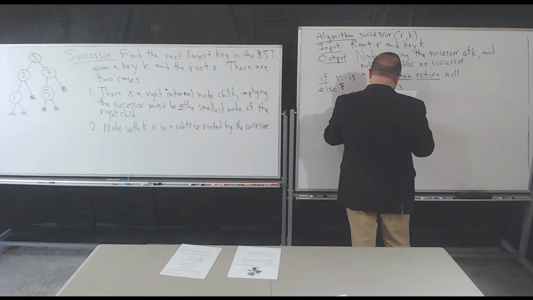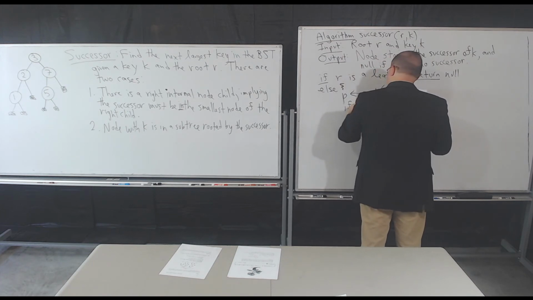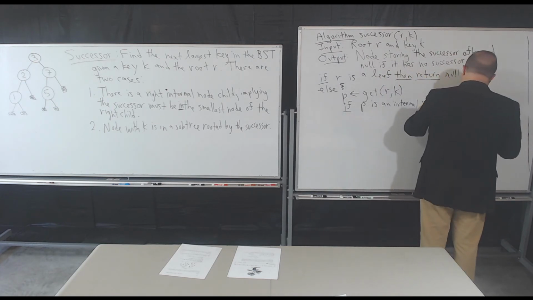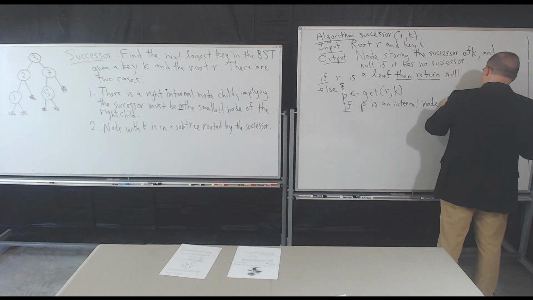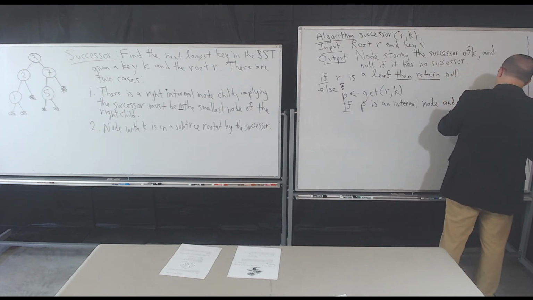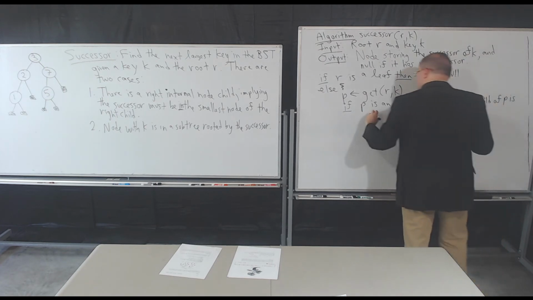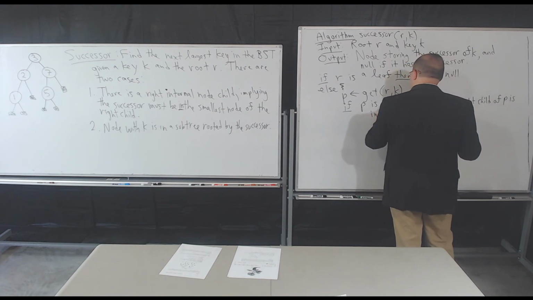So if P is an internal node, and the right child of P is internal, what should I do if that's the case?